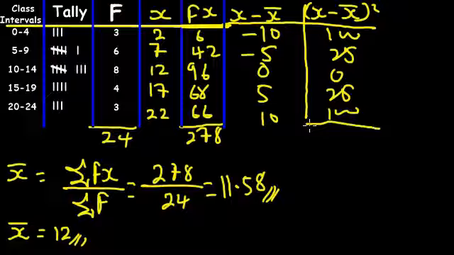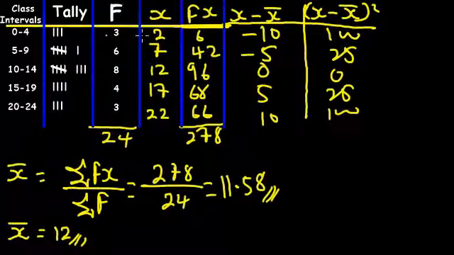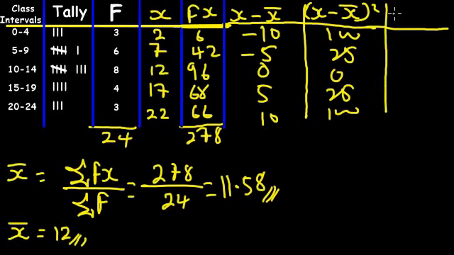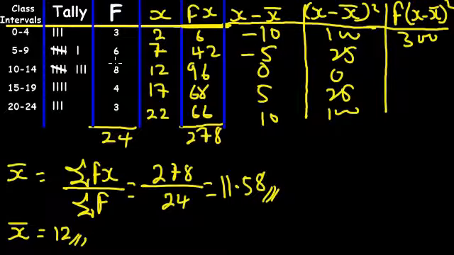Now we need to sum them up, because we need the summation of f times x minus x bar squared. I almost forgot, since this is grouped data, we need to find f times x minus x bar squared. So for the frequency 3, we have 100. 3 times 100 gives us 300. 6 times 25 should give us 150.